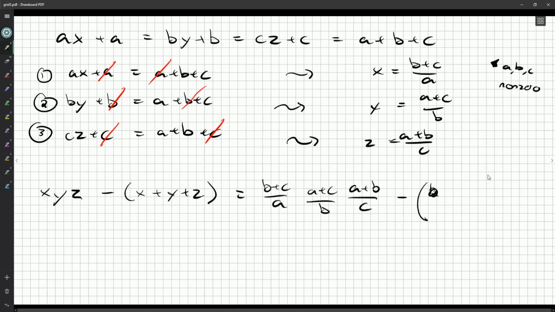But I think I'm going to immediately want to get a common denominator, and so I think there's going to be a common denominator of A, B, C for everything.